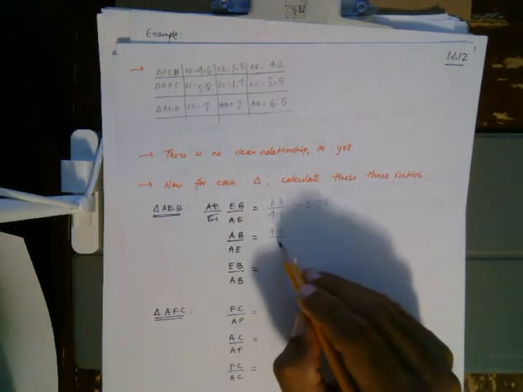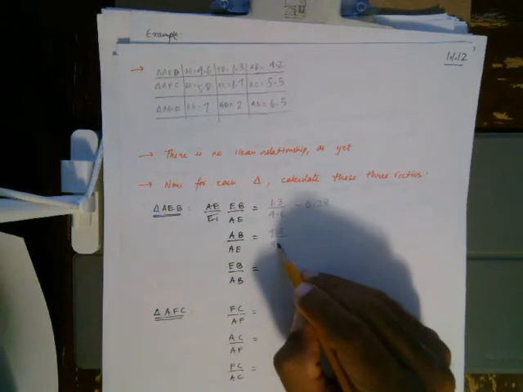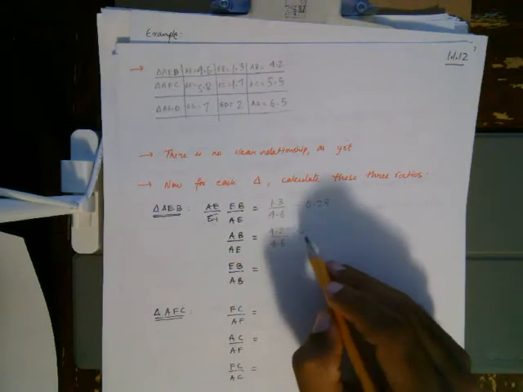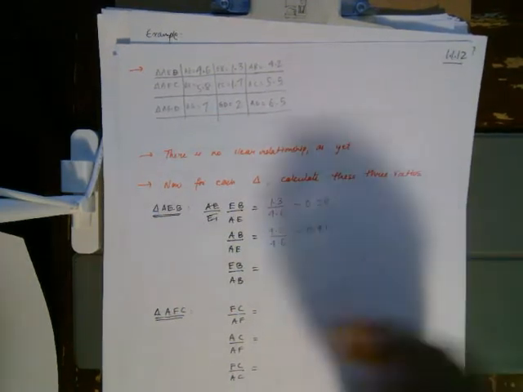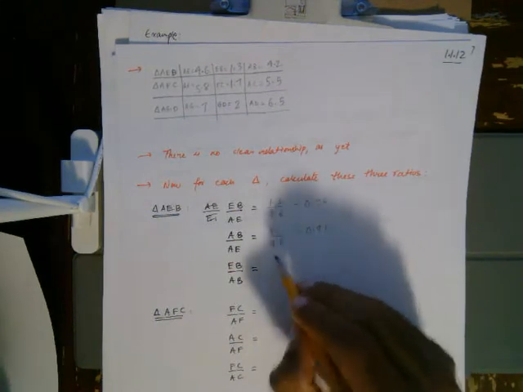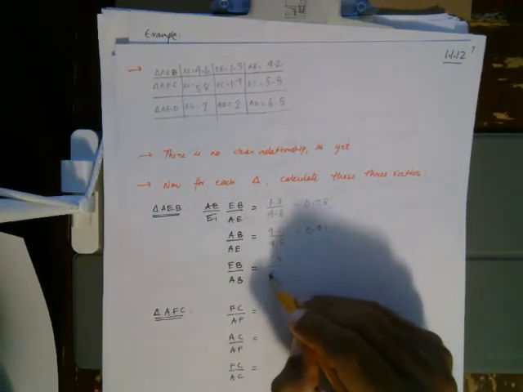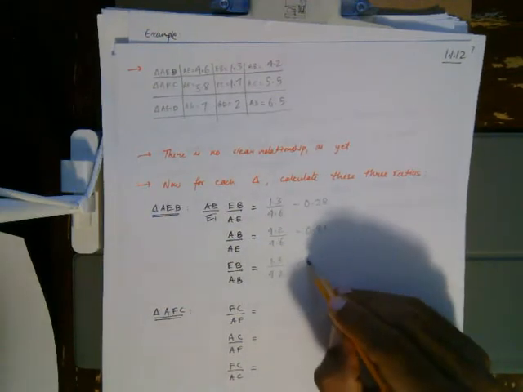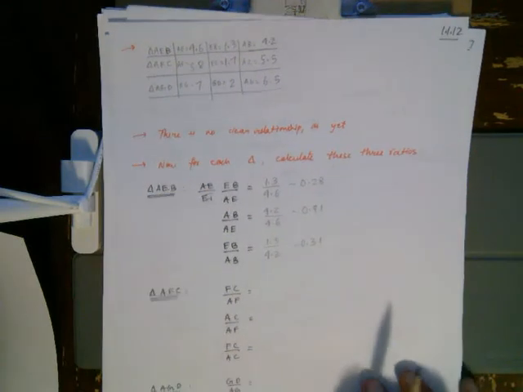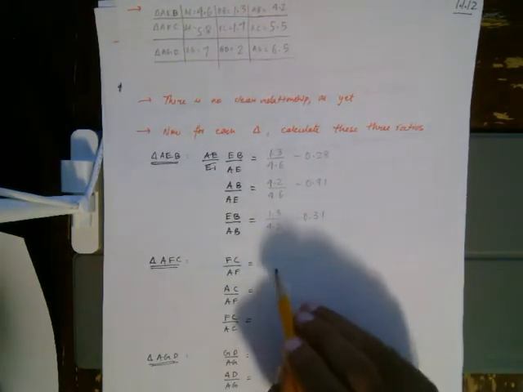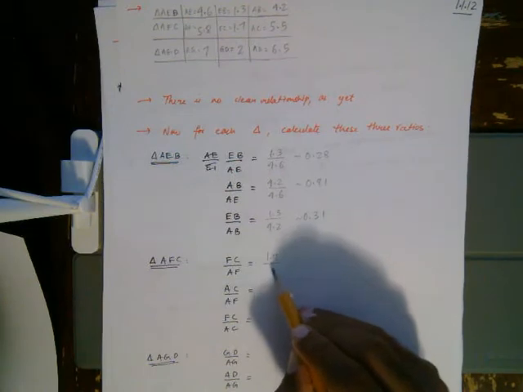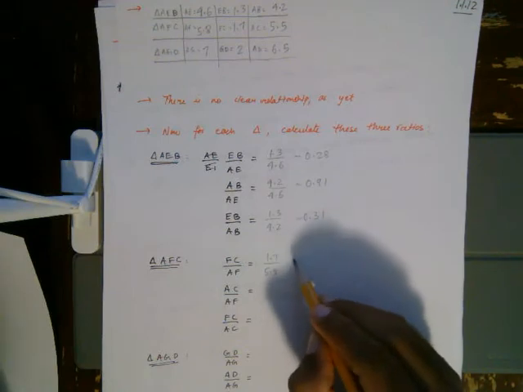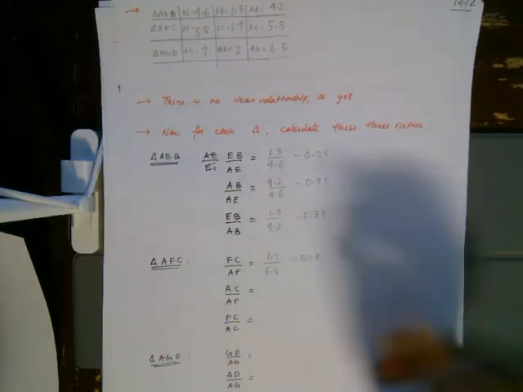So you can go ahead and do your calculations while I do these right now. Divide by 4.6, roughly 0.91. EB, that's 1.3 divided by 4.2, 0.31. Next triangle, FC is 1.7 divided by 5.8, 0.29.